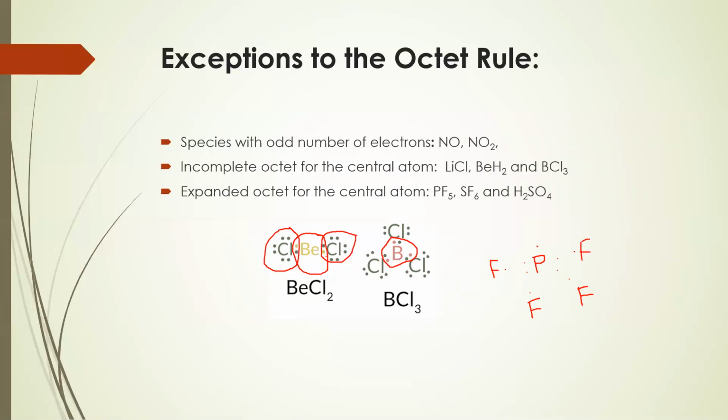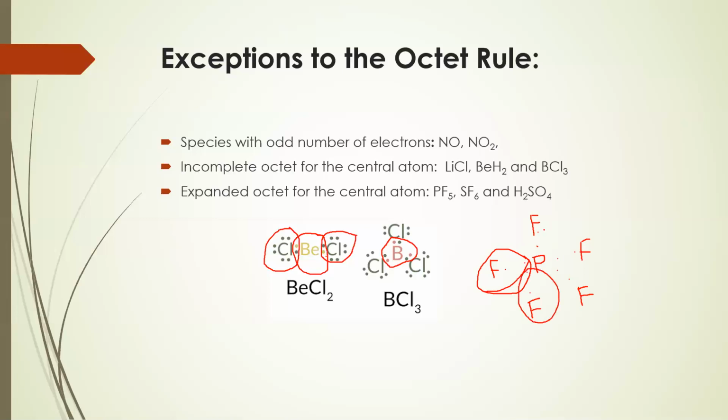Here you can see that F has a total of 8 electrons, because F has 7 electrons in its outermost shell. That is for this F atom, and similarly for the other F atoms.